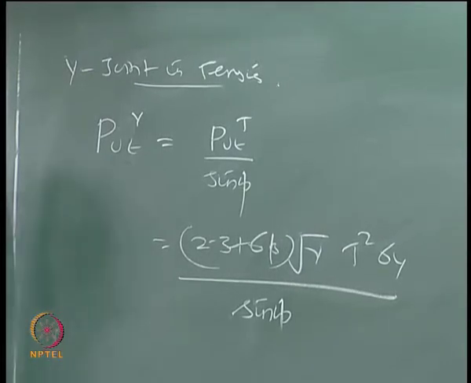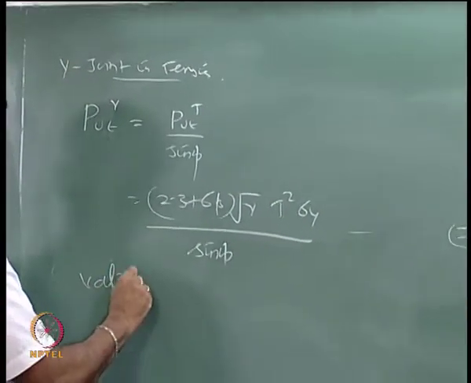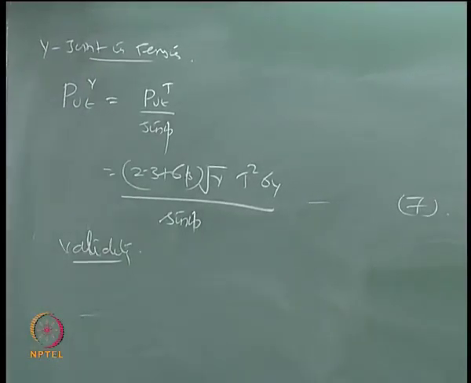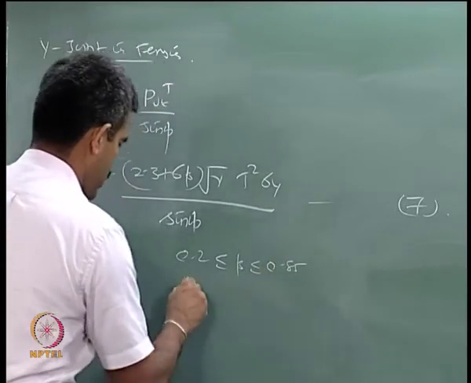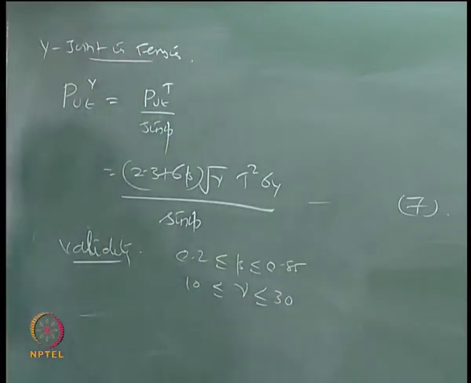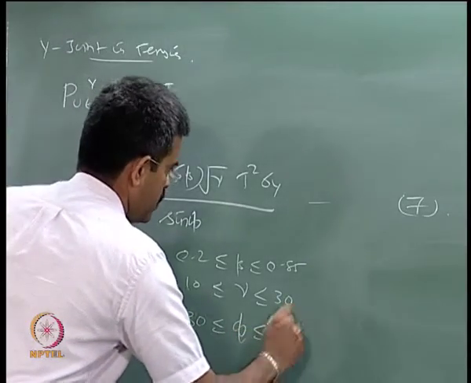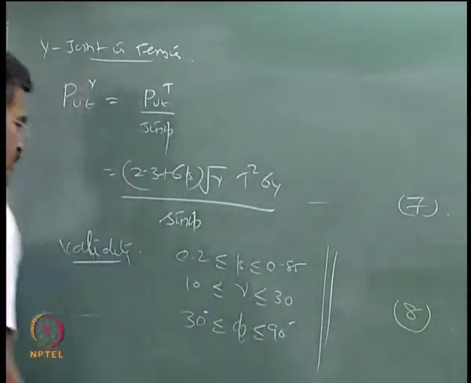I call this equation number 7, and the validity is 0.2 to 0.85, 10 to 30 and 30 to 90. Equation 8.